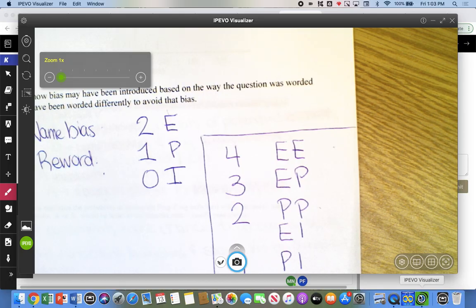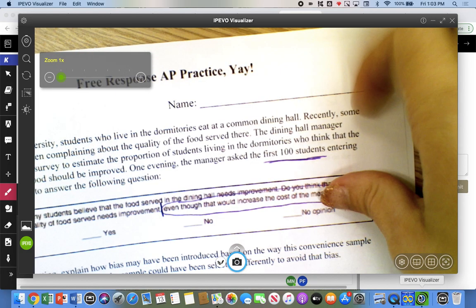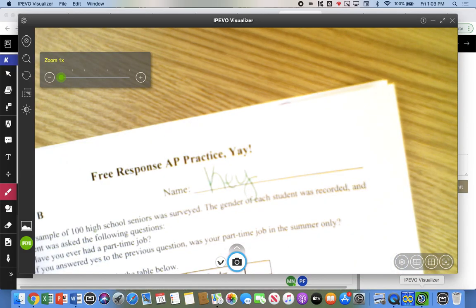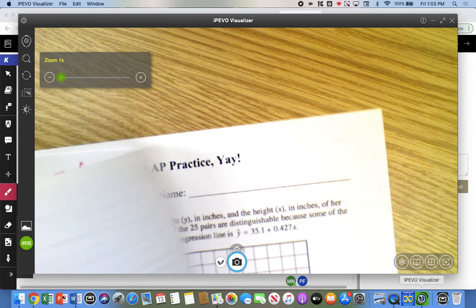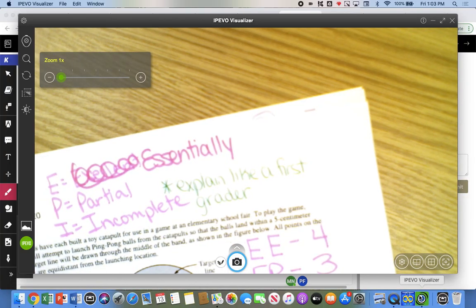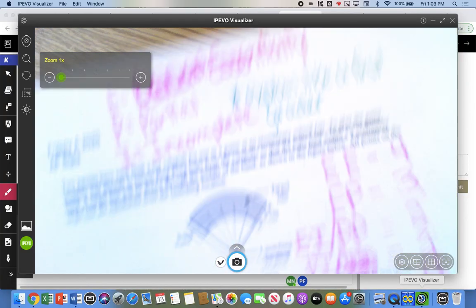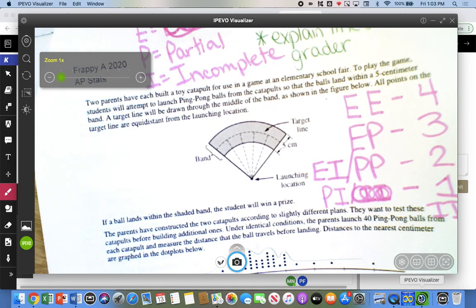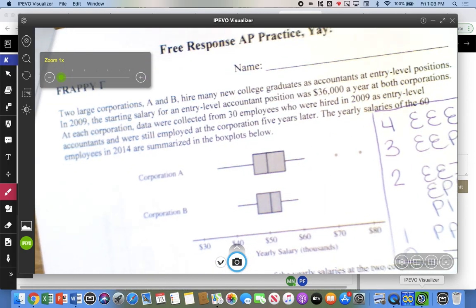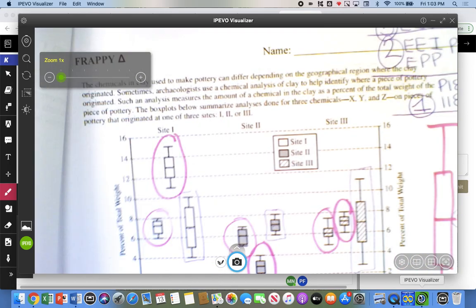Now, I will tell you guys, this is honestly what I'm thinking. If we are in person next Thursday, it's probably going to be Frappy C or Frappy D for a grade. So this is the company box plot one or this one.